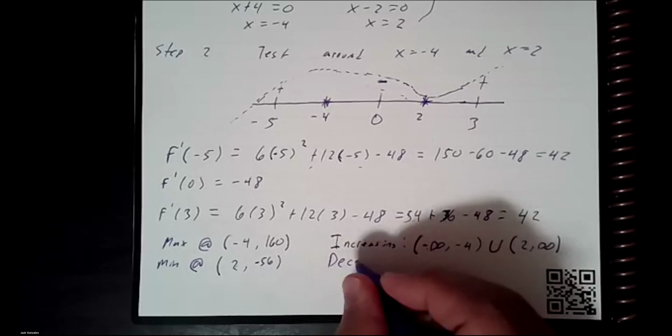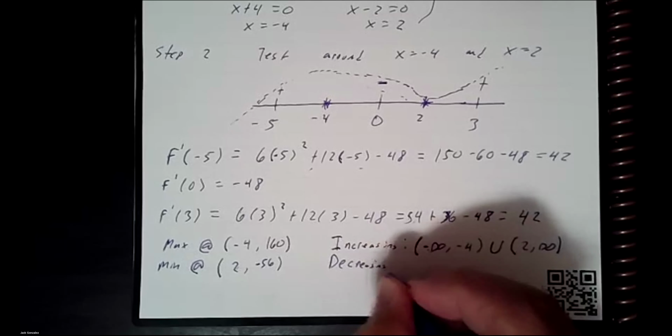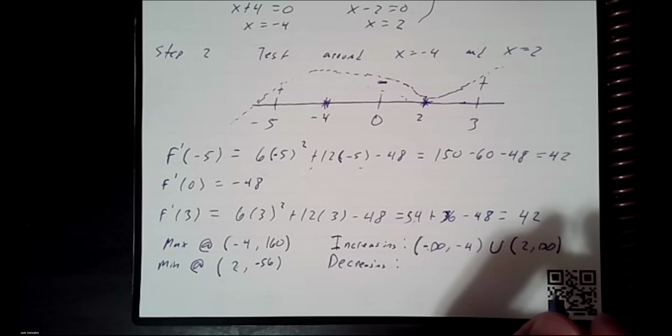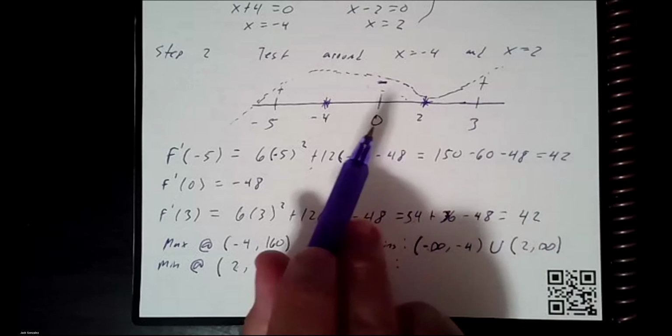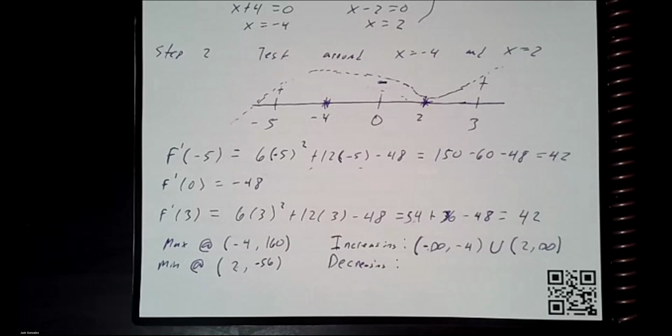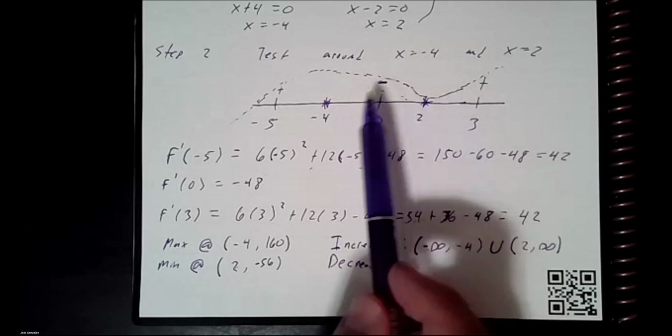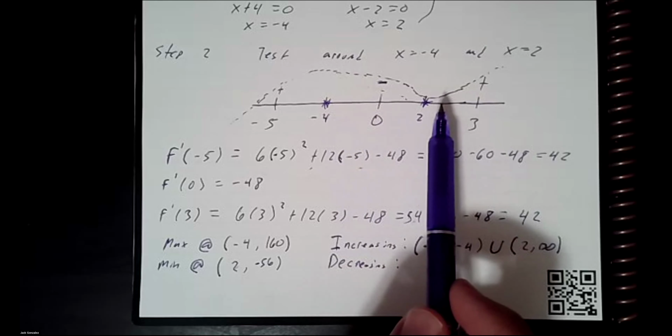Where are we decreasing? I know my drawing sucks, but from -4 till 2.